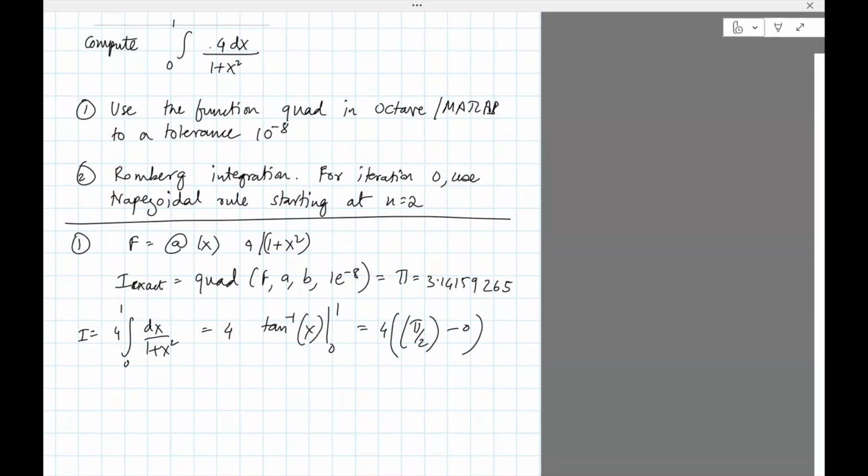Oh, it's 2 pi. Wait. I think 1 divided by 1 plus x square is tan inverse of x.